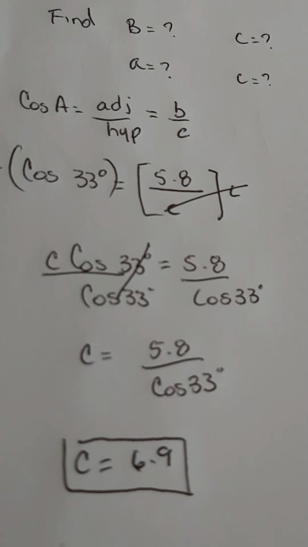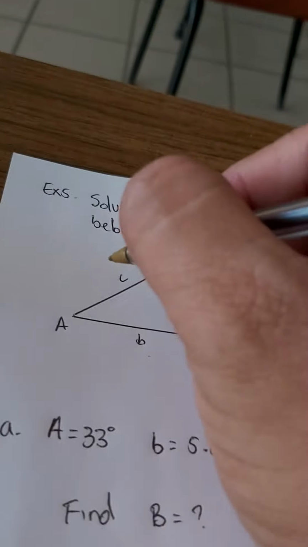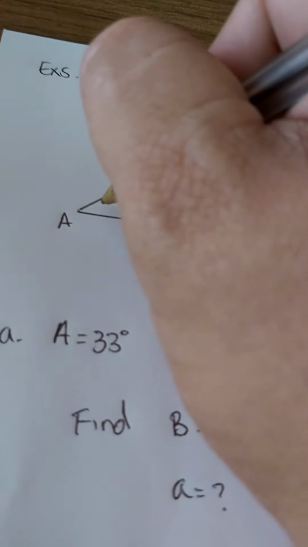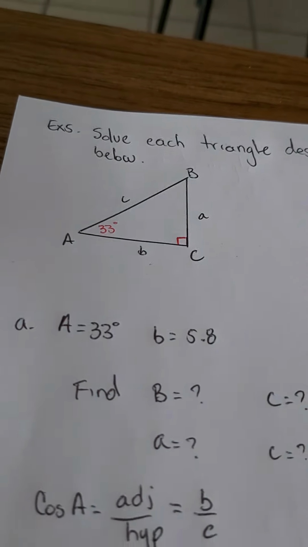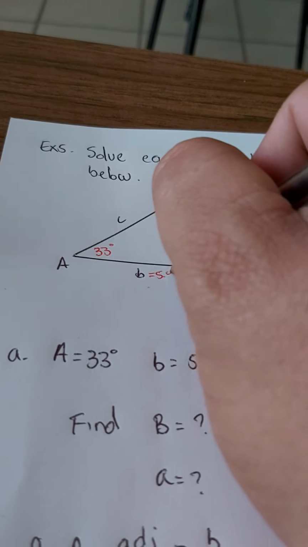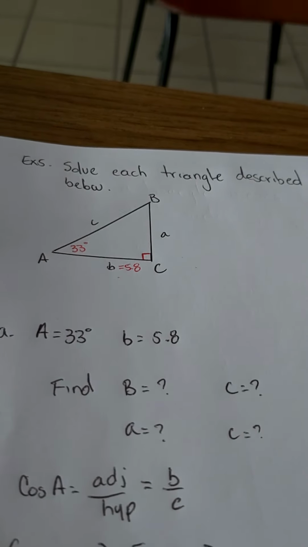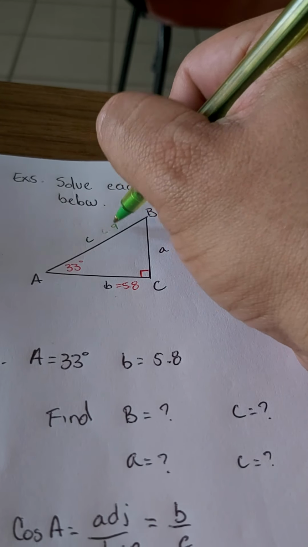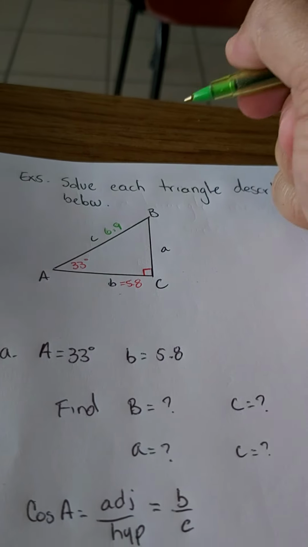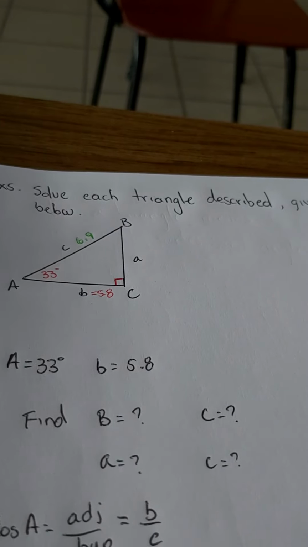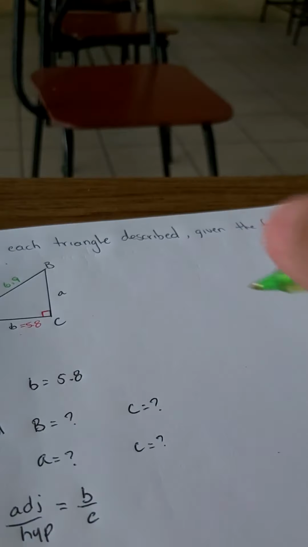So we can write this. We know that angle A was 33 degrees, B was 5.8. We just found C, C is 6.9.